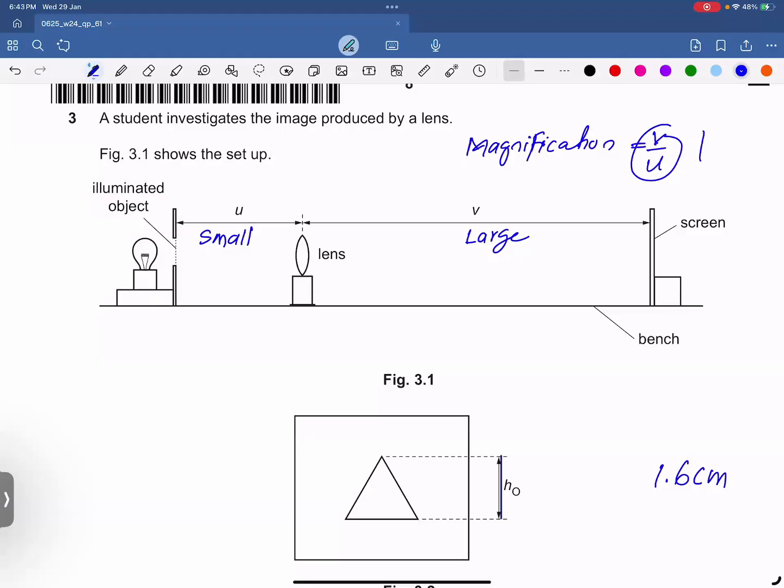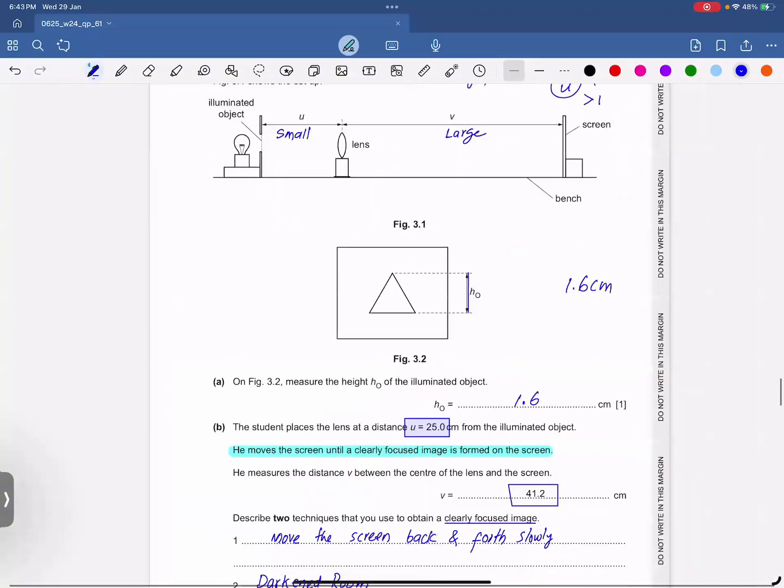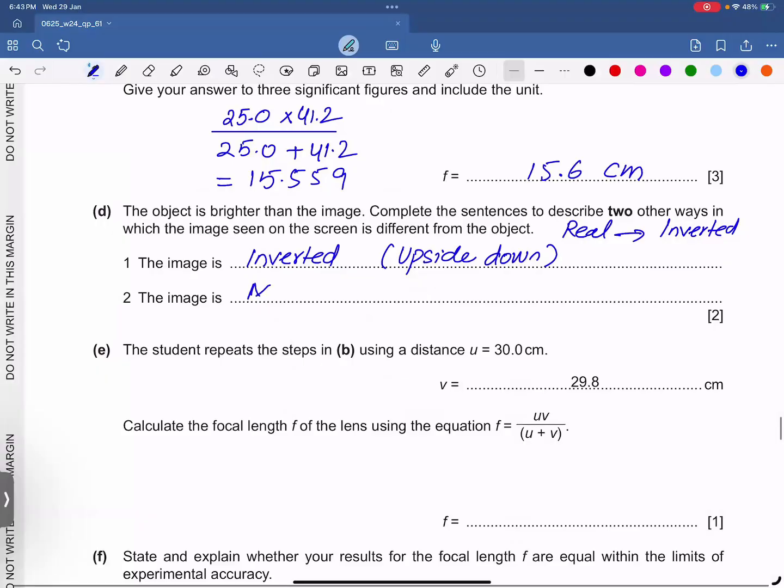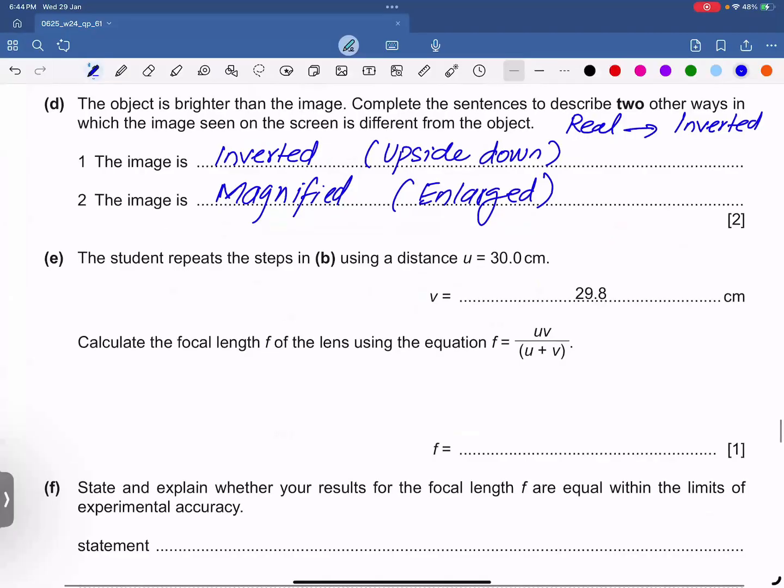The scale factor is more than 1, which is the case here, so it is a magnified image or enlarged image. You can say magnified or enlarged image, because the object distance is less and the image distance is far.